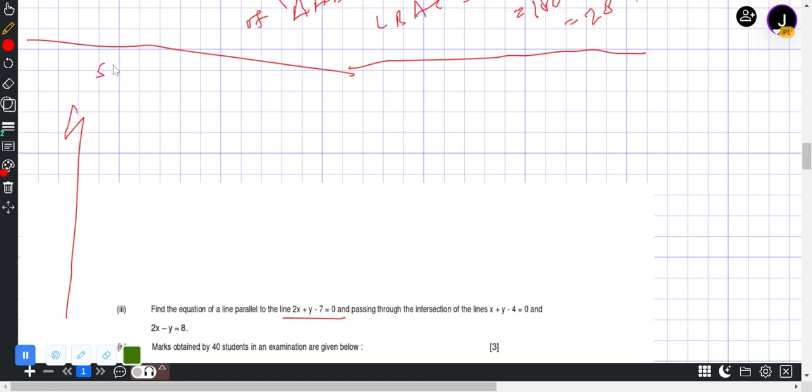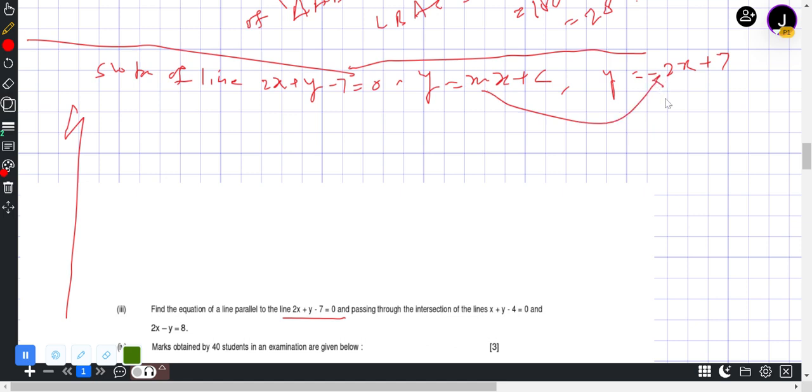So, what is the slope of 2x plus y minus 7 is equal to 0? We'll put it in the form y is equal to mx plus c. In this form, we will write y is equal to minus 2x plus 7. Comparing, m becomes minus 2.